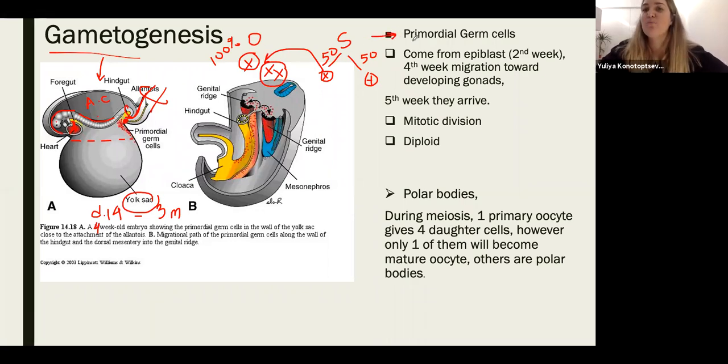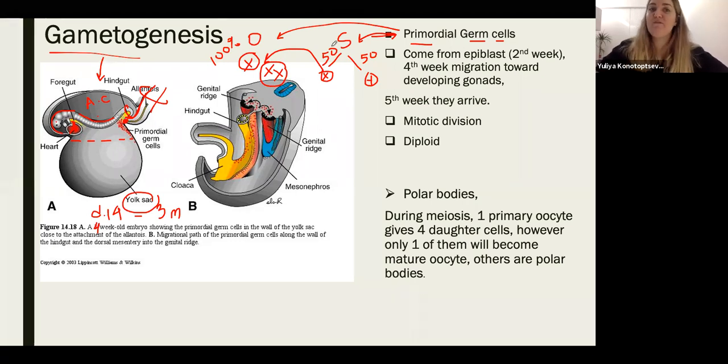Oocytes arise from PGC. I will be constantly saying PGC. PGC means primordial germ cell. Okay, so oocytes come from the PGCs, but also spermatozoa. Both oocytes and spermatozoa arise from the primordial germ cells.